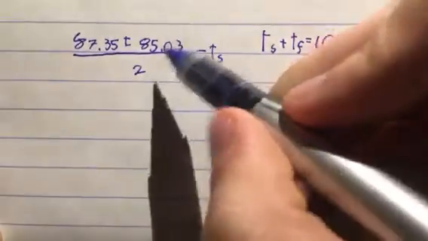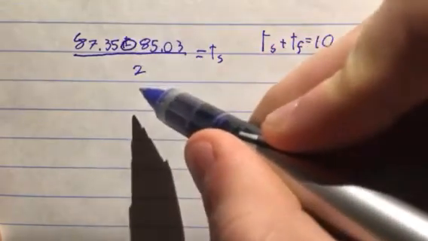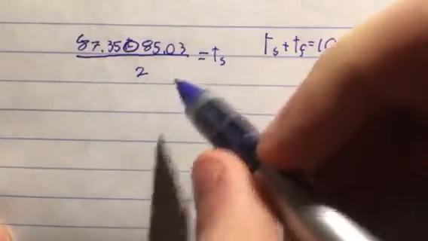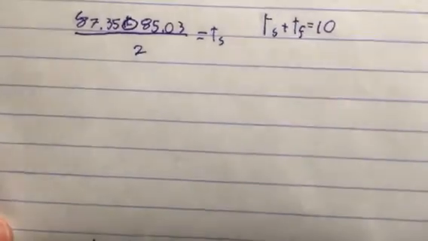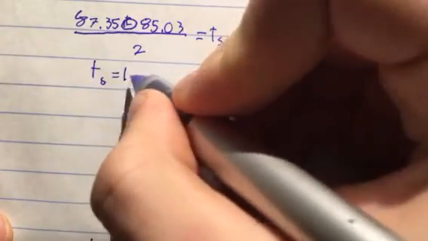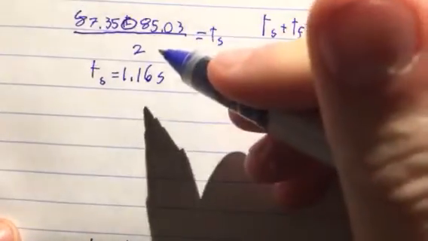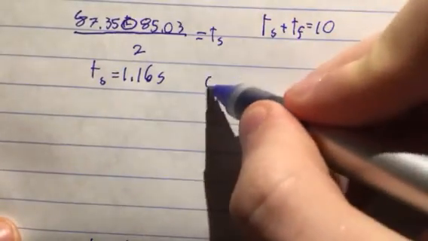Instead, we're going to ignore the plus and focus just on the minus. So that means that TS equals 1.16 seconds.